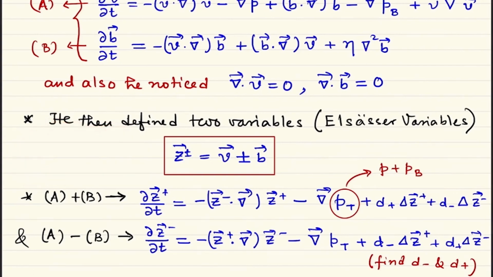So Elsasser variables are very interesting for several cases, and historically what Elsasser did was to write the incompressible MHD equations in terms of his variables. But later, Marsch and Mangeney in the year 1987, which is 37 years later, tried to write the compressible MHD equations for a polytropic fluid in terms of compressible Elsasser variables.